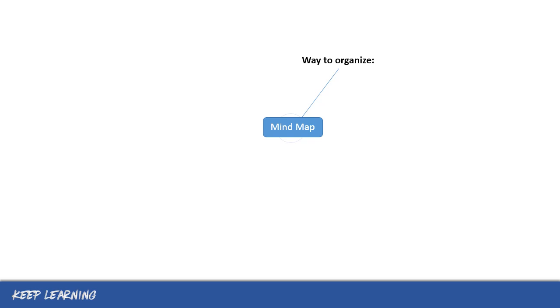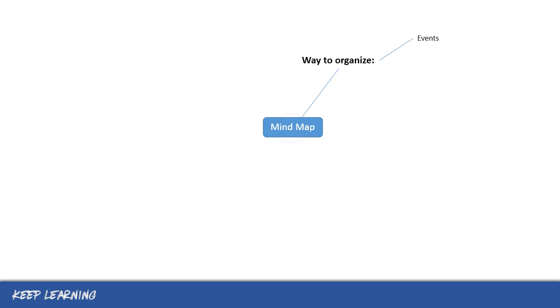And I use it to organize 4 different things. I use it to organize events. I have to organize a lot of events for the church or in personal life or anything. And I use the mind map as a way to organize every aspect of the event.